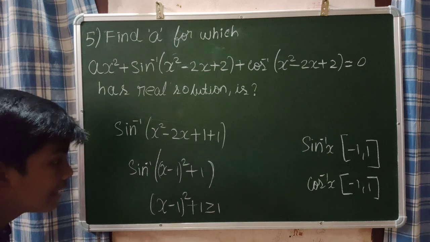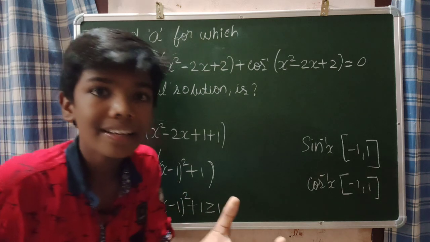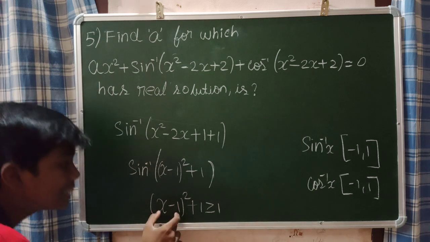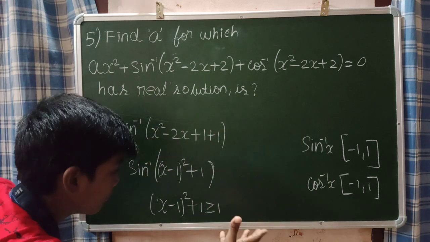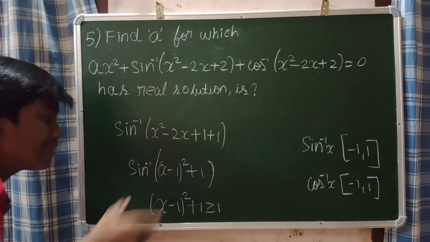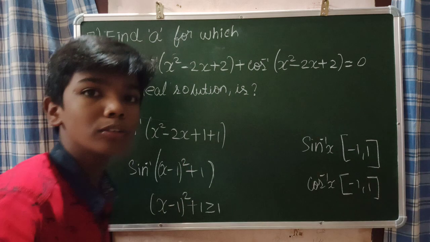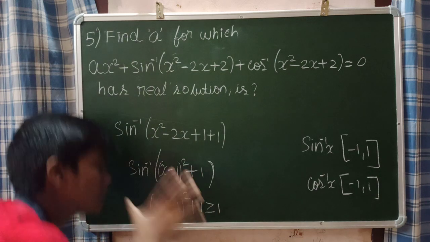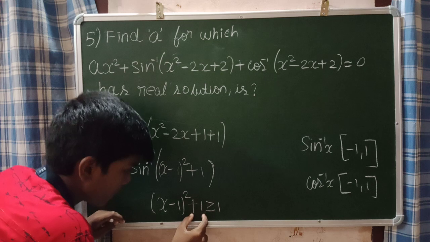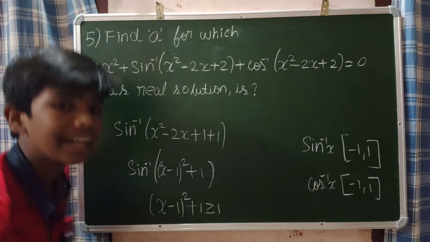We know that every square will be positive only. Even if x minus 1 is negative, that negative whole square will be positive. Even if x minus 1 is positive, that positive whole square will be positive. So a square is always non-negative, so a positive number plus 1 should definitely be greater than or equal to 1.